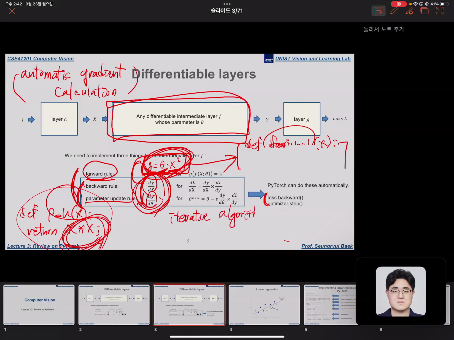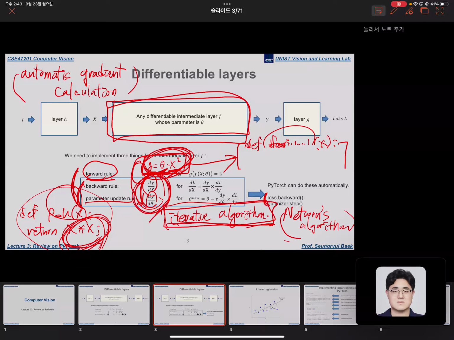Maybe I think you already learned about this kind of iterative algorithm, like the Newton algorithm, in the calculus course. If you did not learn about that, don't worry. Anyways, you can say that there's some iterative algorithm to calculate the gradient values given the forward function.